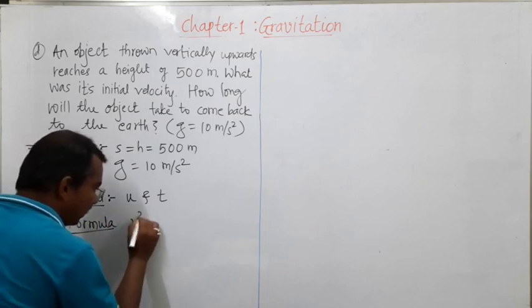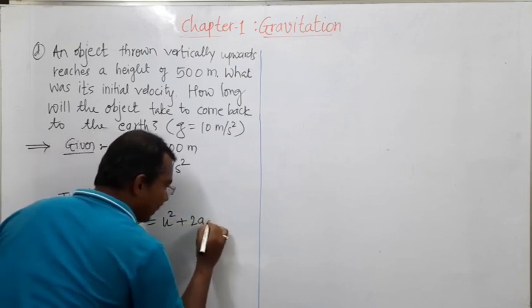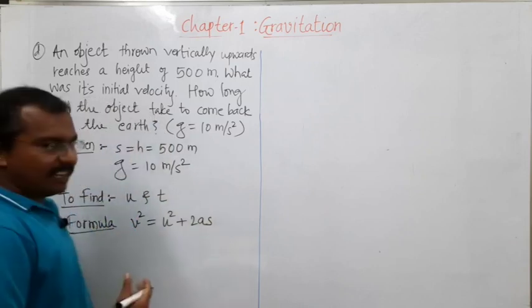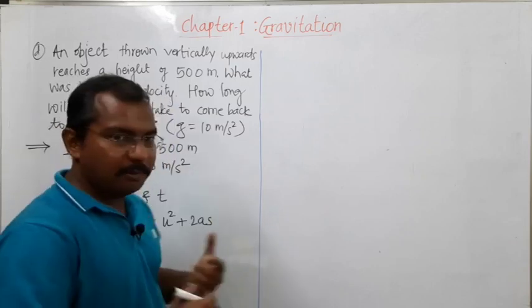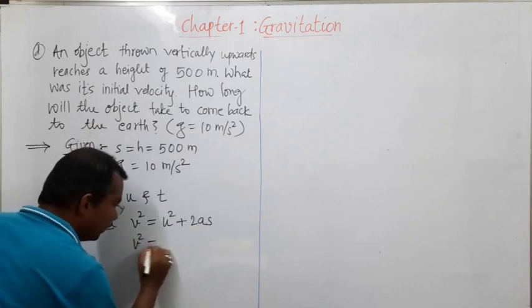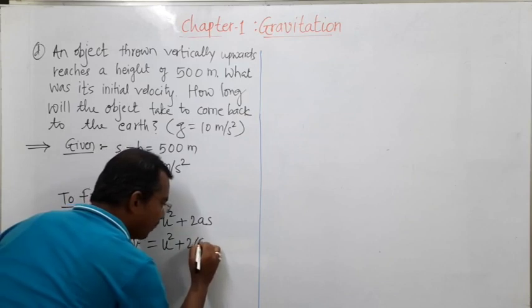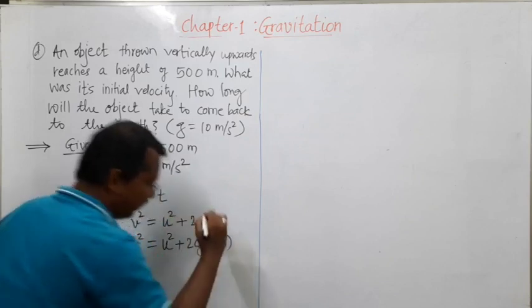v square is equal to u square plus twice a into s. Transform this into different variables: v square is equal to u square plus 2 times g into height h.